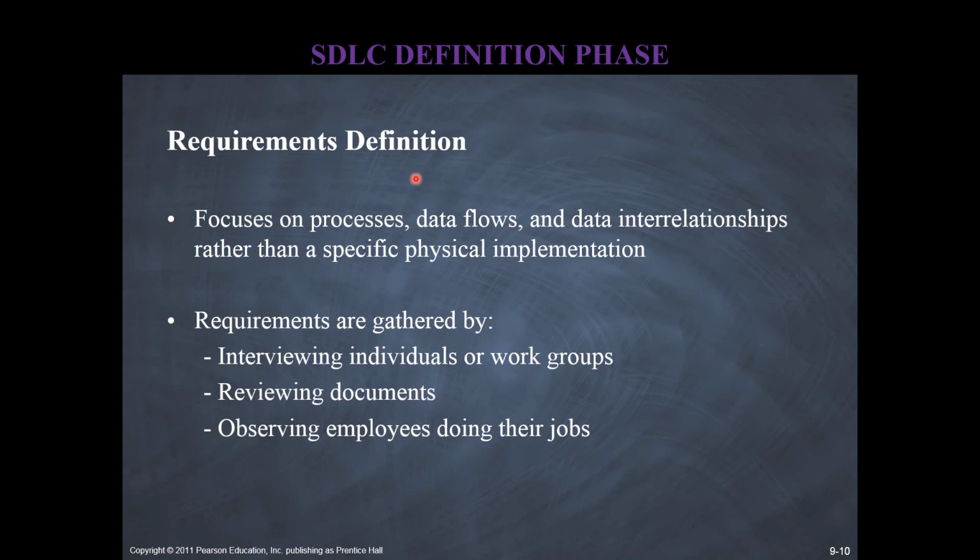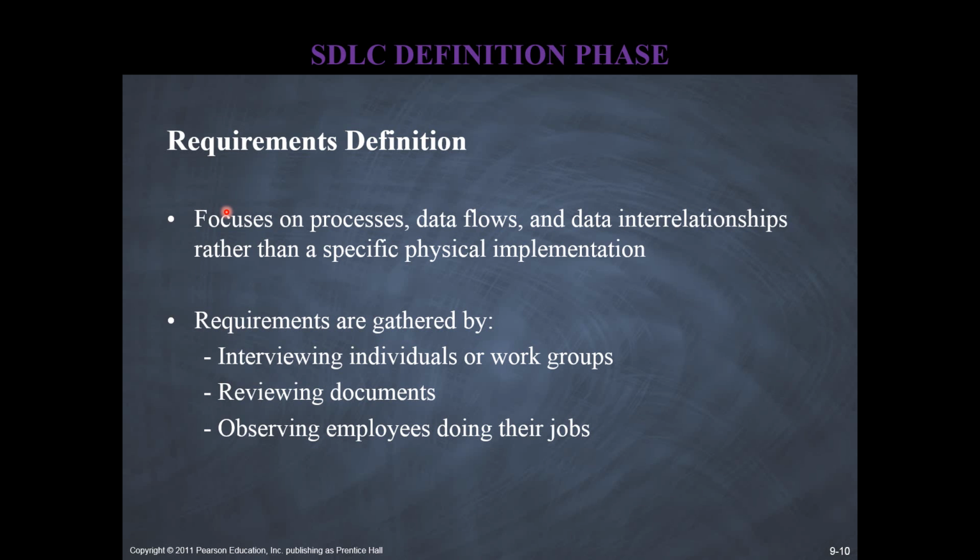Now, one important thing to remember here is that requirements should be on the business side of things. In other words, business users should be asked about business requirements and not about technical requirements. Technology is not dealt with at this particular stage. We put business considerations first. We try to find out from end users what are the functions, what are the things that they require from the business standpoint, not from the technical standpoint.